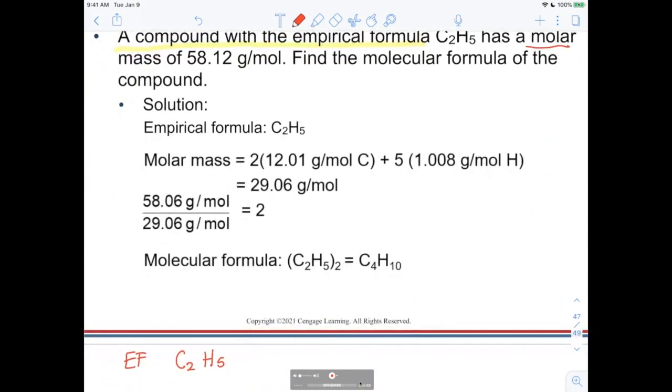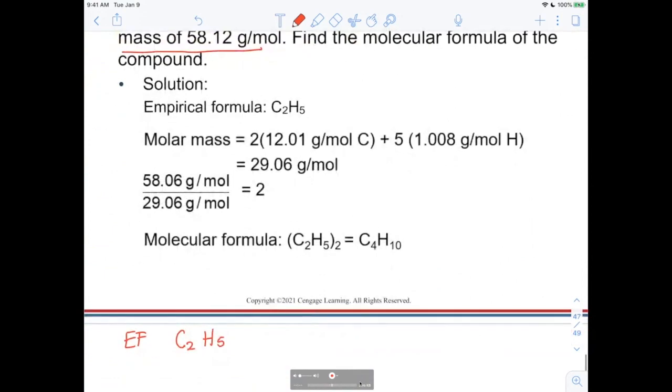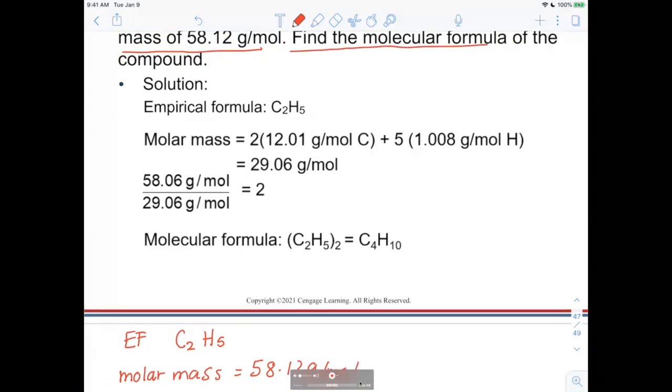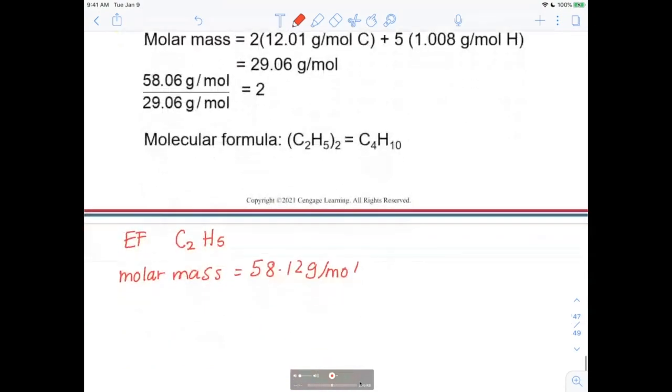And it has a molar mass of 58.12 grams per mole. They're saying find the molecular formula of the compound. Okay, we can do this.